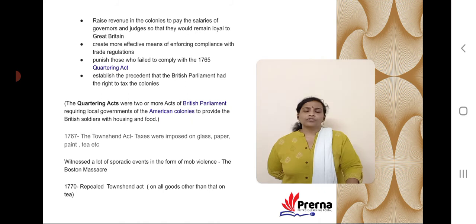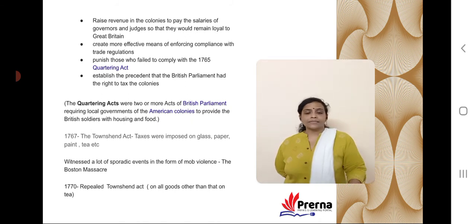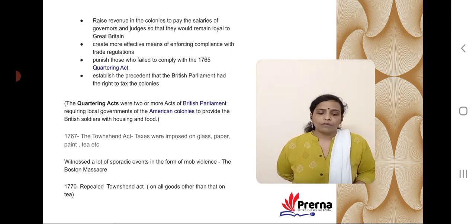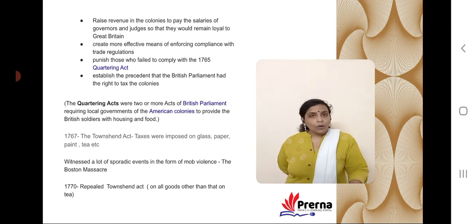Now, yet another notorious act was in 1767, which was passed by Lord Townshend, British officer, and hence it got the name the Townshend Act.